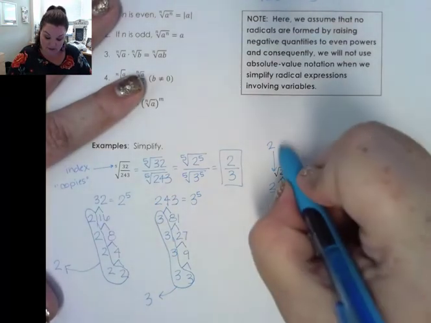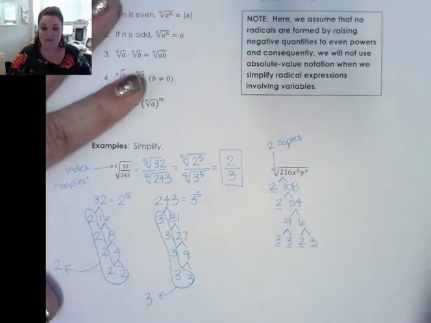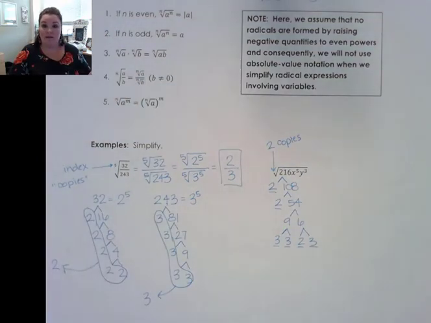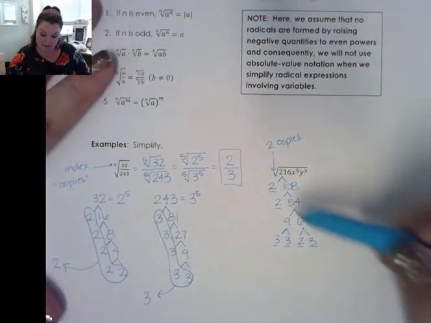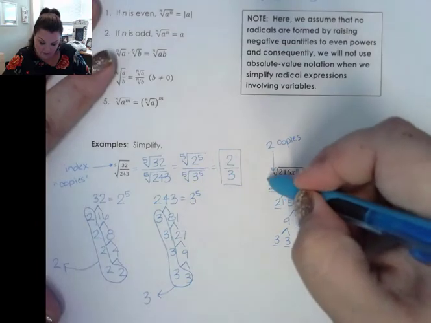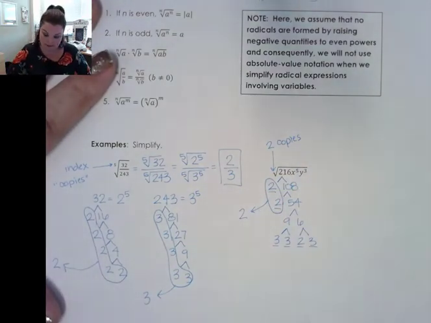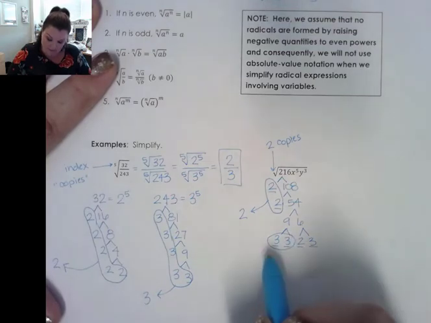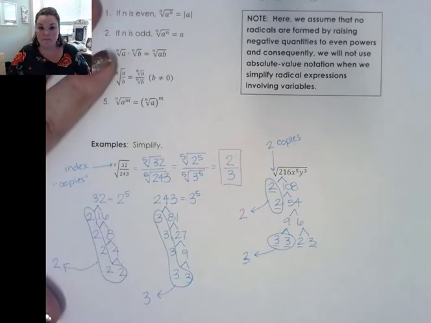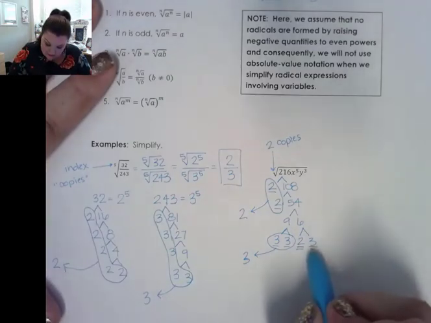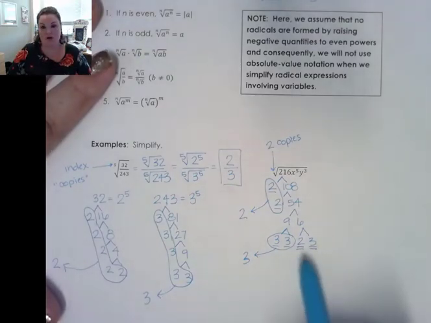So that means I need 2 copies of a number in order to bring that number out. So if I look at my prime factoring here, I have 2 2s. So this tells me I can bring out a 2. Right? I also have 2 copies of a 3, so I can bring out a 3, right? And then notice this 2 and this 3, I don't have 2 copies of, so those are going to stay under the radical.